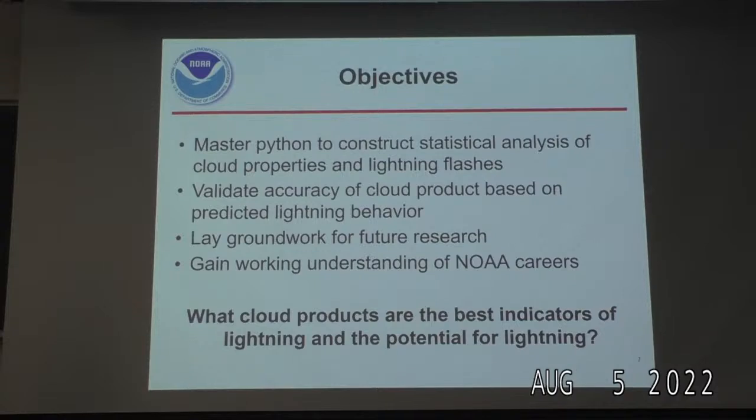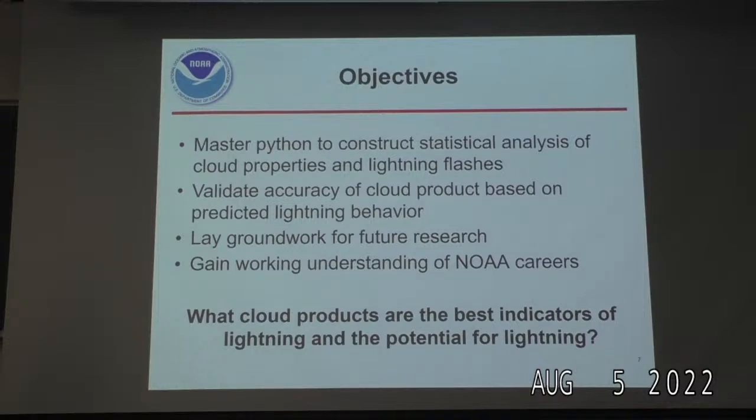Our goal overall was to use Python to create different analyses of the cloud products with the lightning products, and ultimately validate the accuracy of the cloud products and the algorithms that are being produced here in the building, and create a baseline to build future research off of.